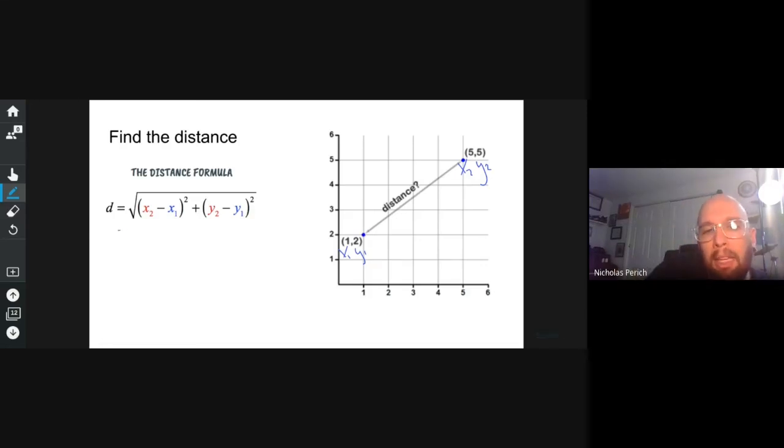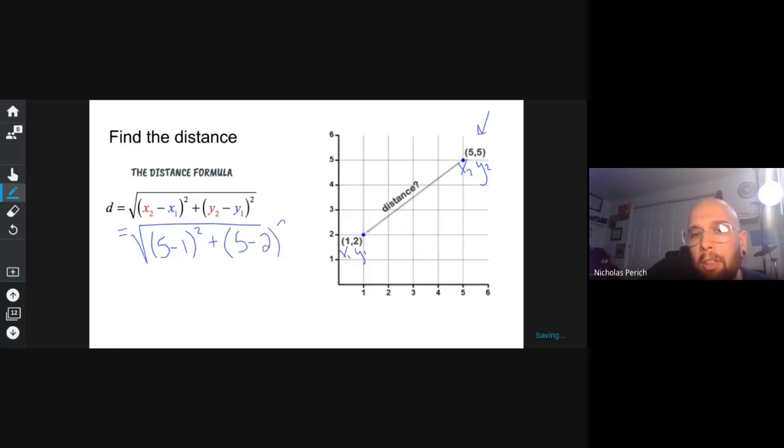Now I can plug things in. x sub 2, according to my point over here, is 5. So x sub 2 is 5 minus x sub 1, which is 1, close parentheses, squared. Plus y sub 2 is 5 minus y sub 1, which is 2, close parentheses, squared.